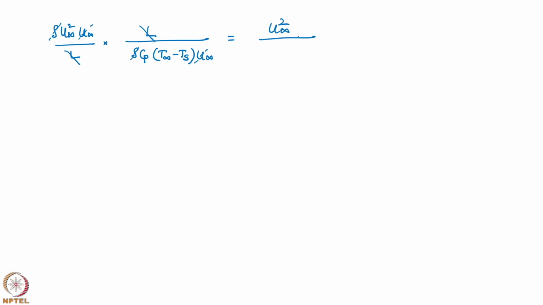That is rho u infinity squared into u infinity by L into L by rho Cp into T infinity minus Ts into u infinity. So, what is that? L gets cancelled out, one u infinity gets cancelled out, rho and rho get cancelled out. So, you get u infinity squared divided by Cp into T infinity minus Ts.